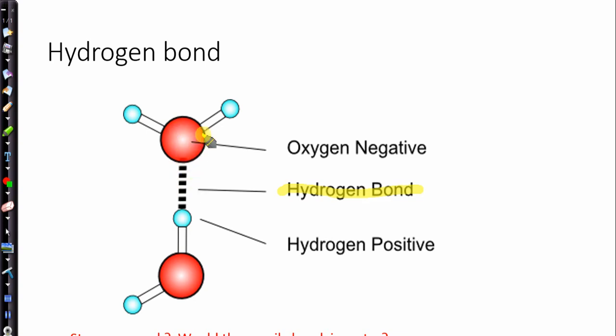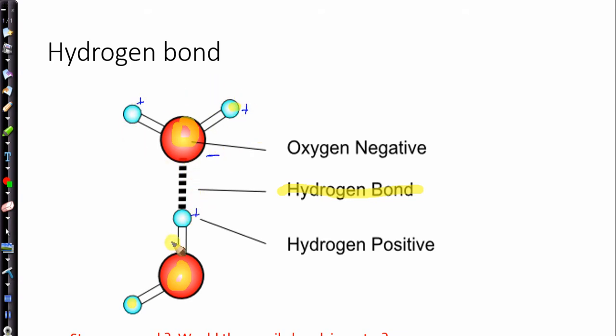In this case, these are two water molecules. Here's hydrogen, and here's hydrogen, and here's hydrogen, and there's hydrogen. This is oxygen. This is oxygen. Within this molecule, this becomes a little negative, and that becomes a little positive, because of the polar nature of this covalent bond set.